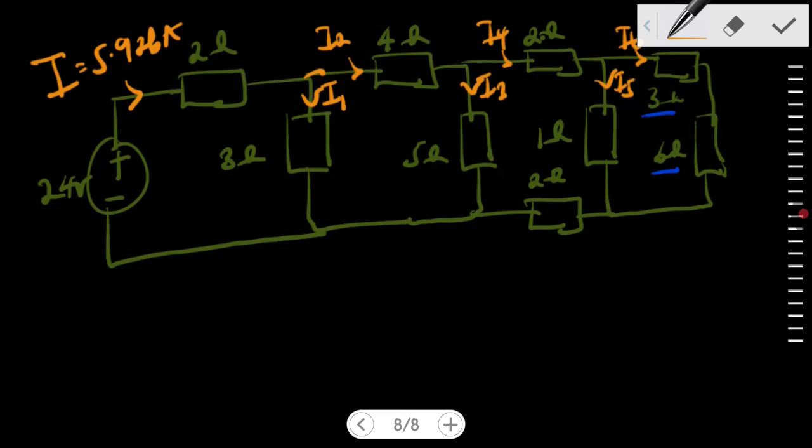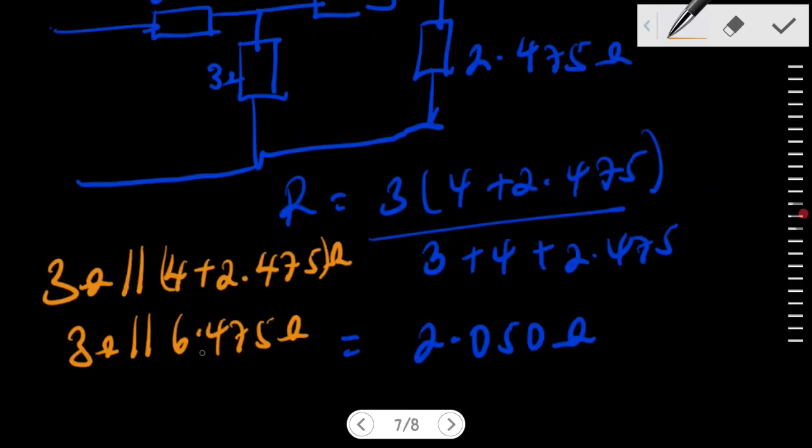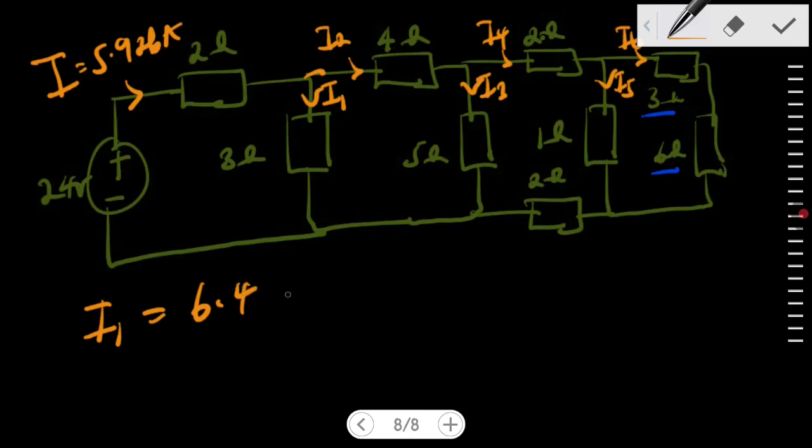So for me to get the current through the 3 ohm resistor, I know that that would be I1. That means that I1 would be equal to 6.475 divided by 3 plus this, we're going to have 9.475 times the current that's coming from 2, right?